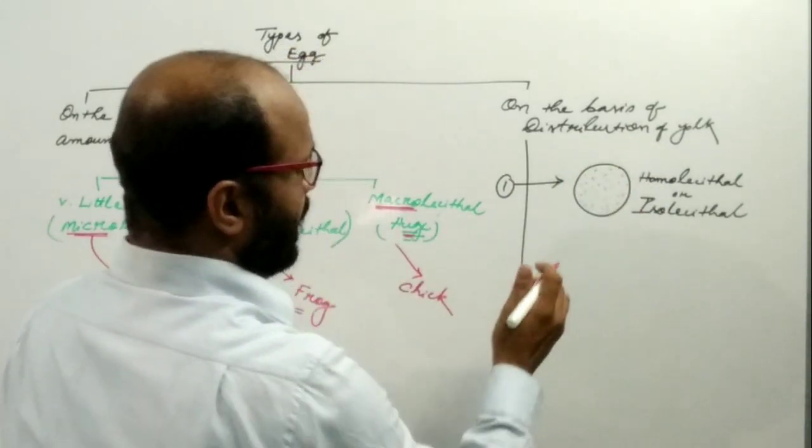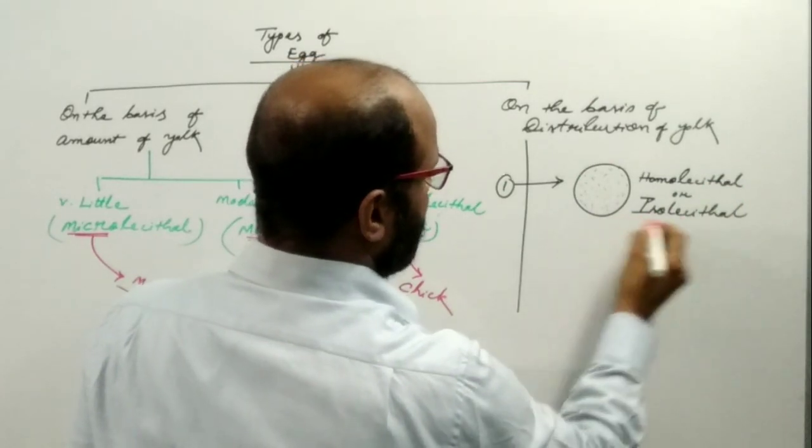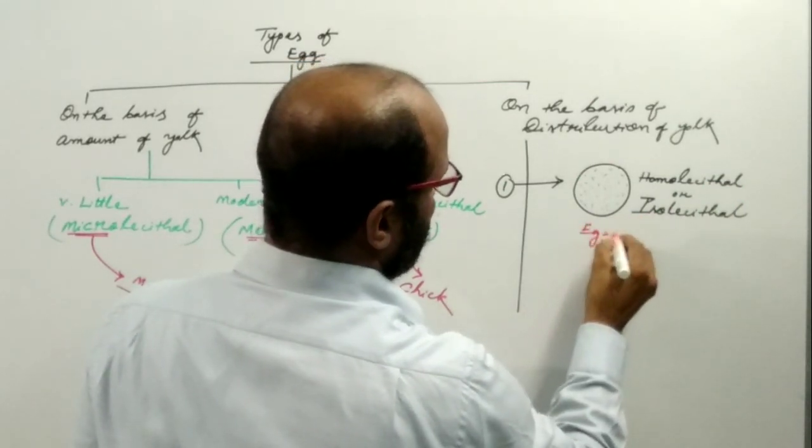So the homolecithal or isolecithal egg is present in mammals.